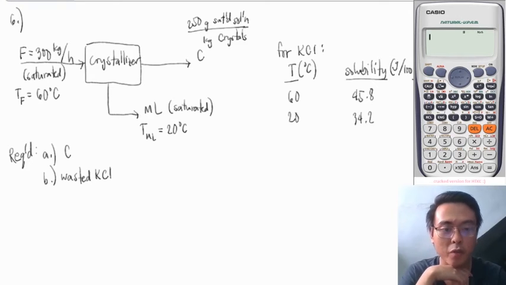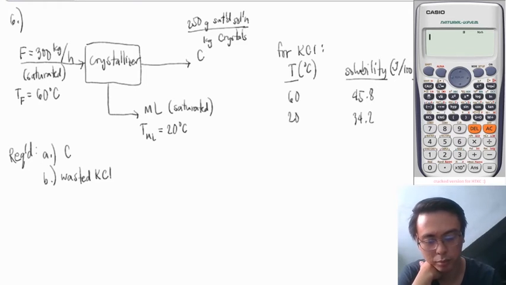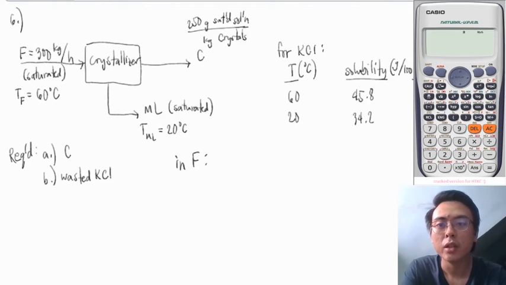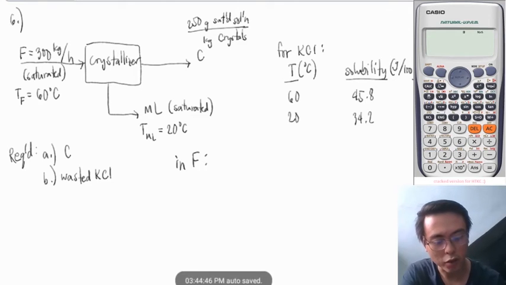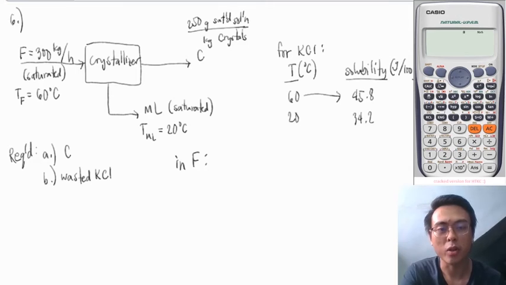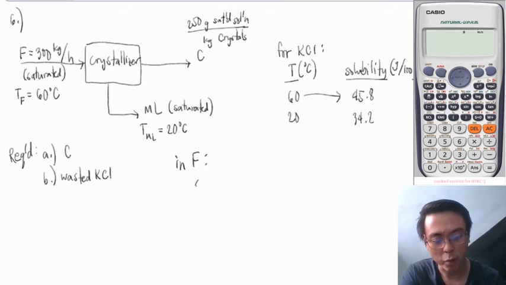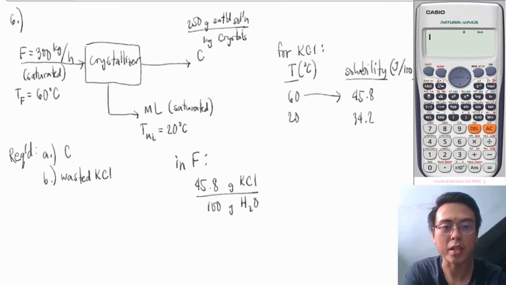Let's start with the feed. In your feed, you have a saturated solution at 60 degrees Celsius. And if you take a look at this table, at 60 degrees Celsius, your maximum solubility is 45.8 grams of KCl per 100 grams of water. Now, this is the technique for crystallization problems.